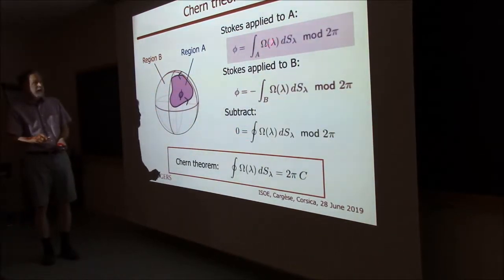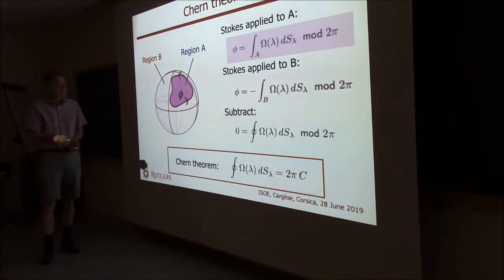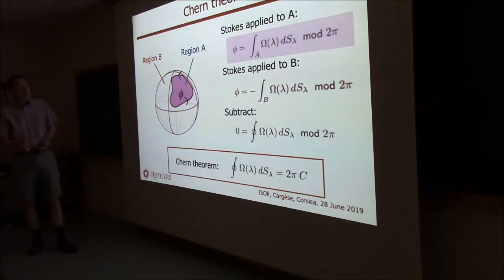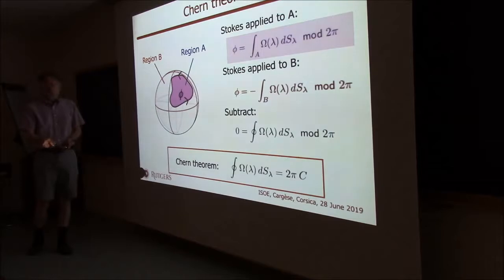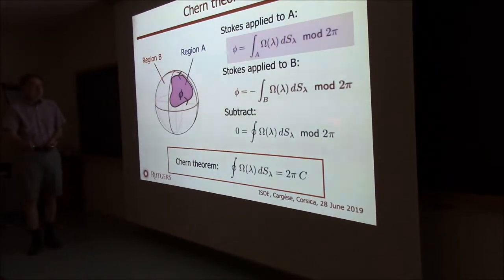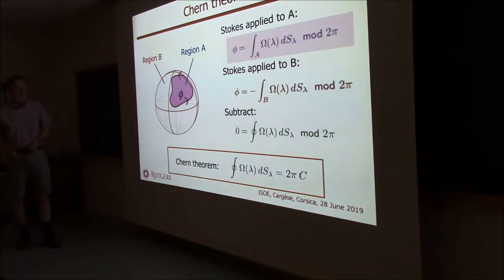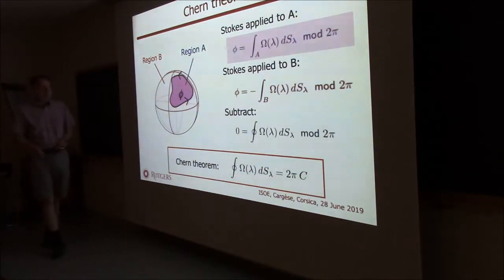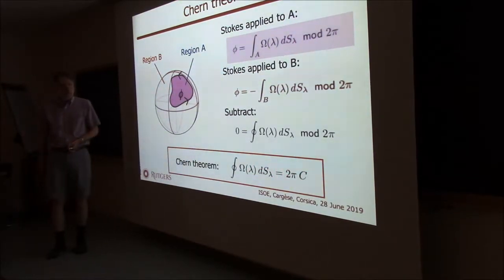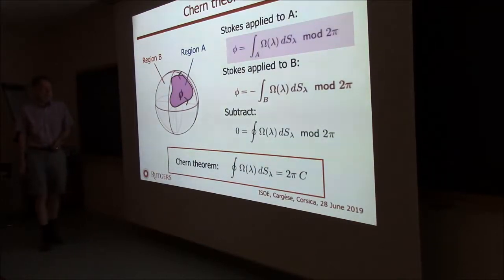The right-hand side is the sum of the integrals over the 2 regions, so that's the integral over the whole manifold. The right-hand side was only well-defined modulo 2 pi, so this is 0 modulo 2 pi, or another way of saying the same thing is this is equal to 2 pi times an integer, and that integer is called the Chern number.